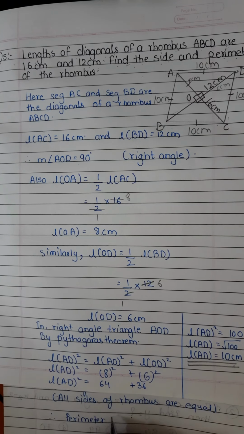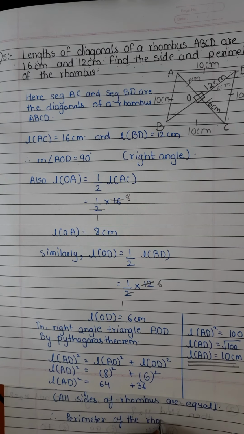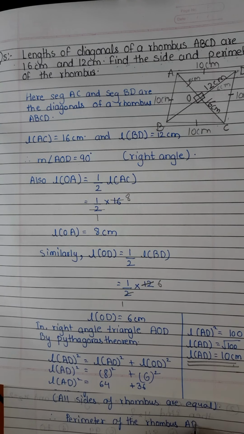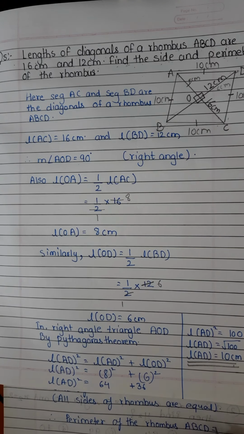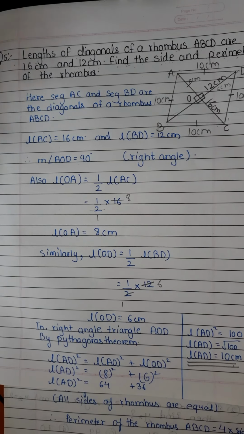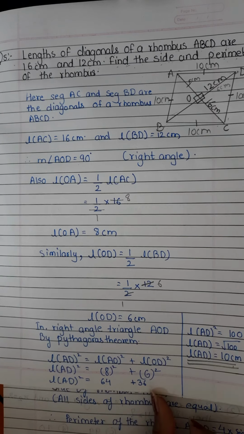Now the perimeter of the rhombus is equal to 4 into side. The side is given, that is 10 centimeter.